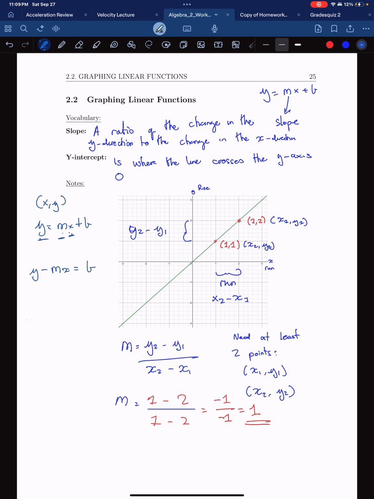Let's say you have y equals mx plus b. To find the y-intercept, just set x to 0. That term cancels out, and y is going to be b. b and m are both constants that we know. x is the only variable.